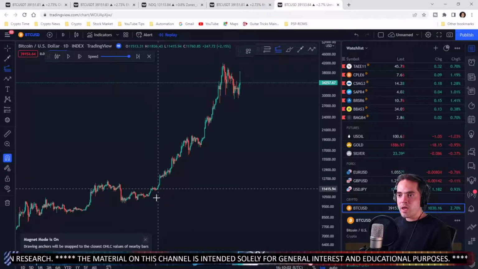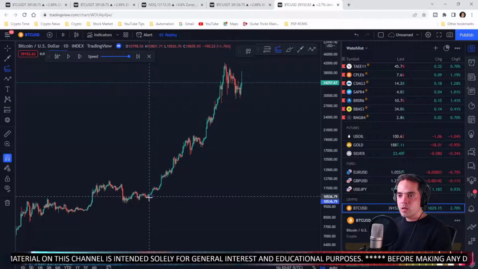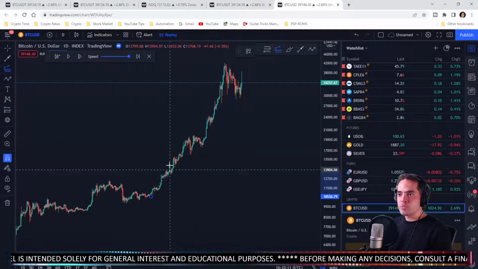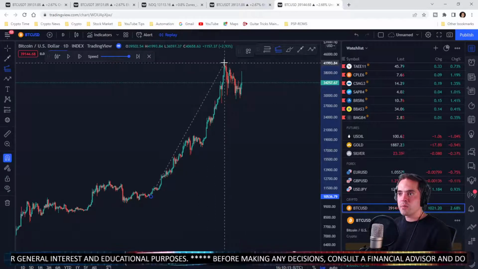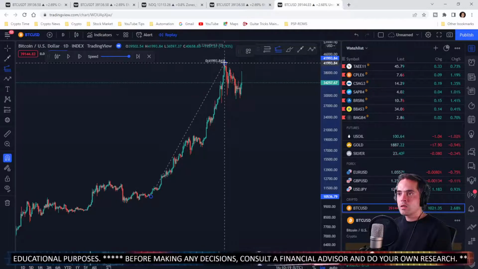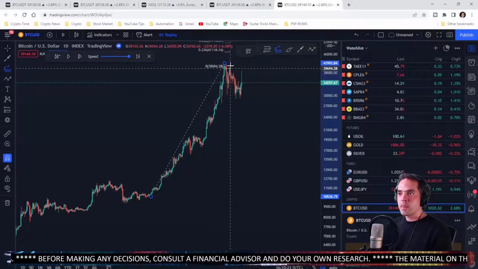The first thing you have to do for an uptrend is to pick the beginning of that first movement. Our first movement at this point in time will be this leg here, and then we click again at the top.